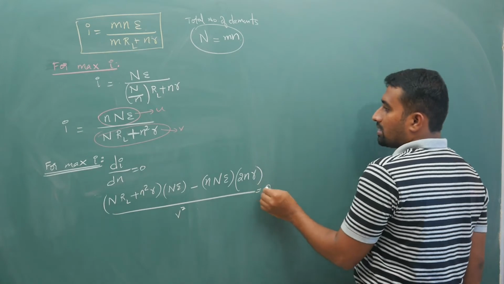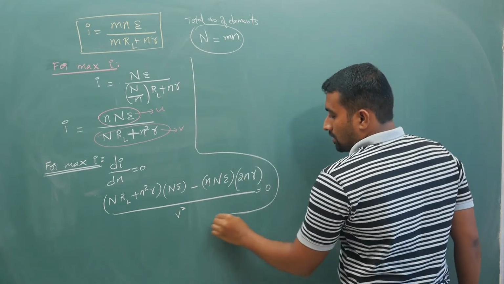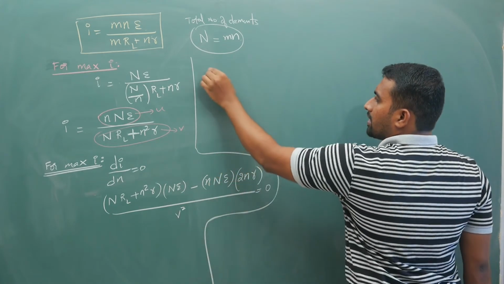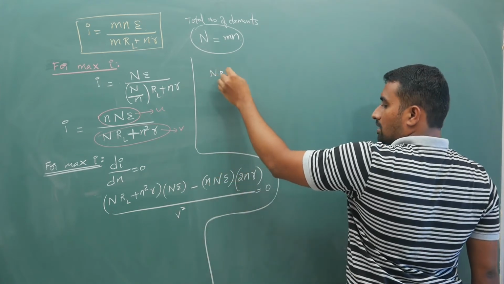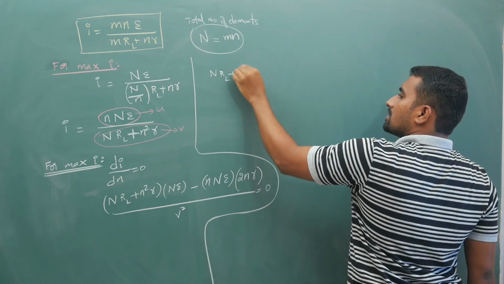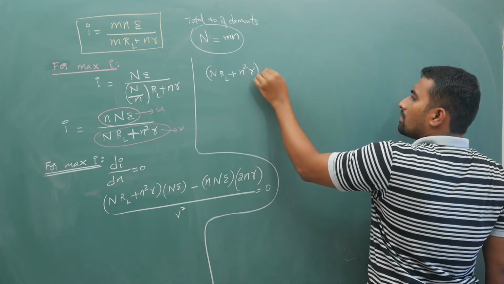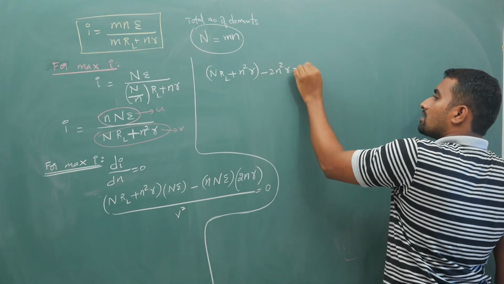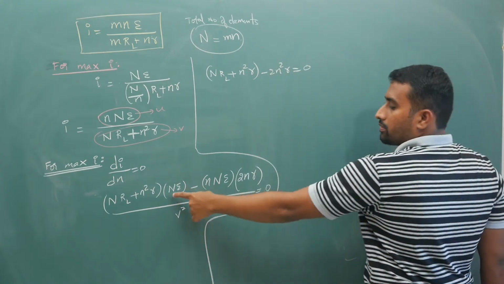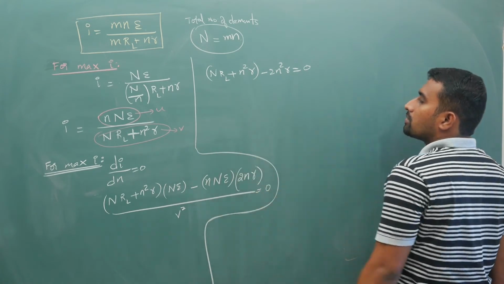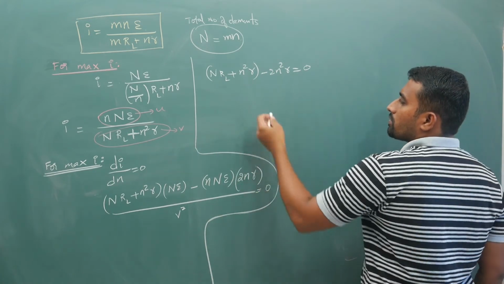This part is anyhow equal to 0. So if I take n into E common, n times R load plus n square into R, minus 2n square R is equal to 0. I have removed n into capital N into E common, so it will cancel off. So small n into 2 small n will give you 2n square.